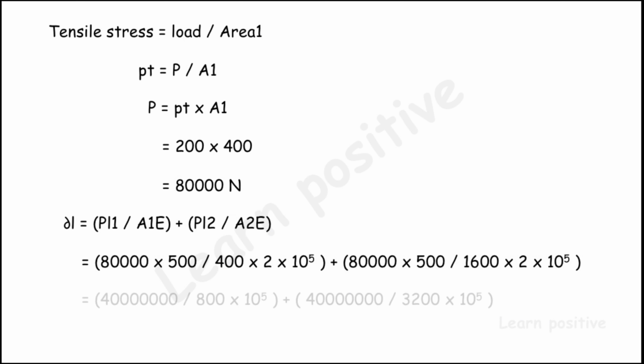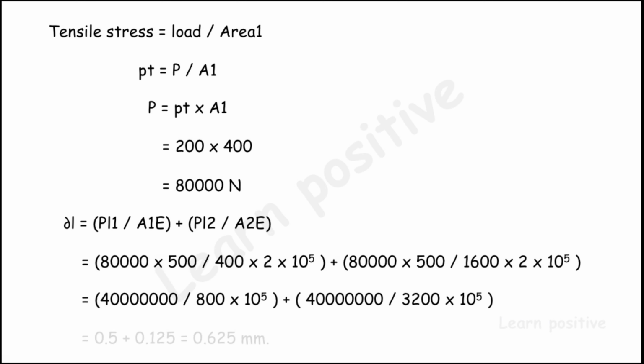That is 4 into 10 to the power of 7 divided by 800 into 10 to the power of 5, plus 4 into 10 to the power of 7 divided by 3200 into 10 to the power of 5. Substituting the values, 0.5 plus 0.125, the total elongation is 0.625 mm.